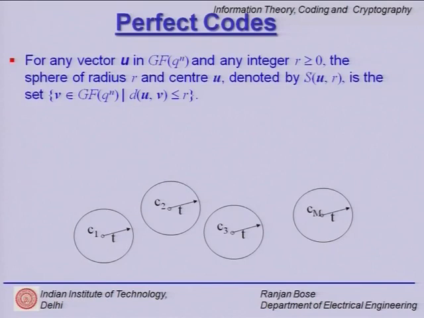Now we introduce this notion of perfect codes. So this is like reaching one of the boundaries, one of the ends of the spectrum.